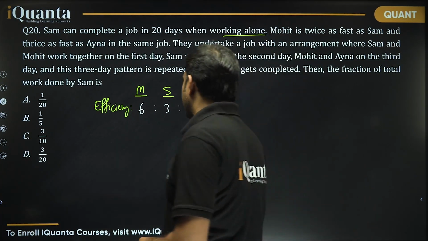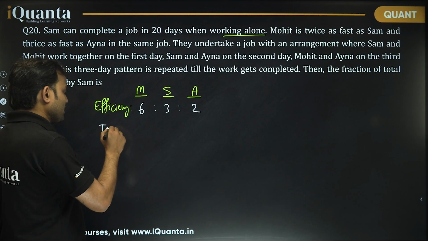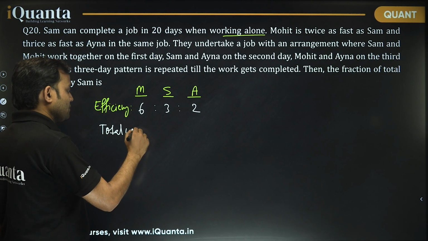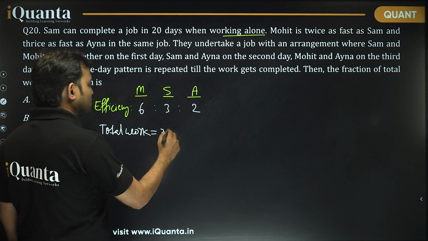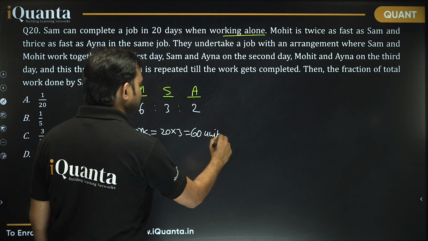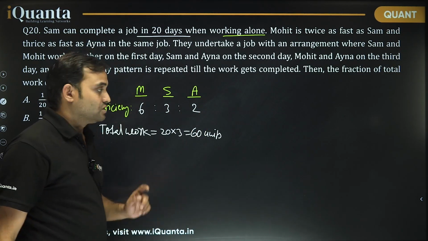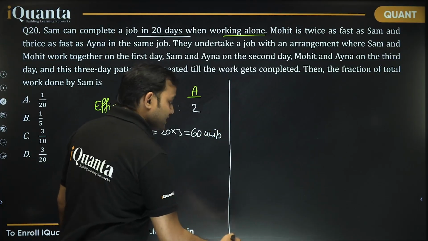What we can say, if Sam takes 20 days, total work will be equal to 20 into 3, which is 60 units. Sam can complete the job in 20 days while working alone. Now, how are they working?